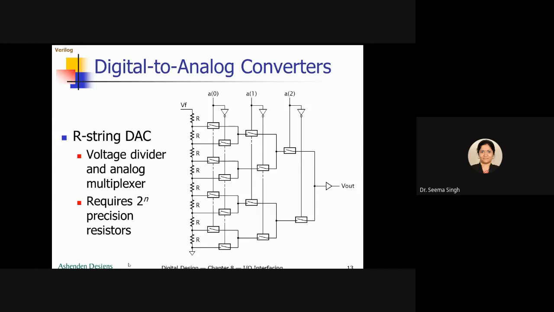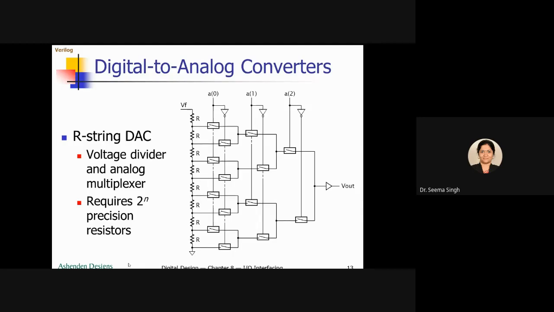So that is why you need to convert your embedded processor's digital signal to an analog signal, so that it can actually control your transducers, which are converting the analog electrical signal to the physical signal.